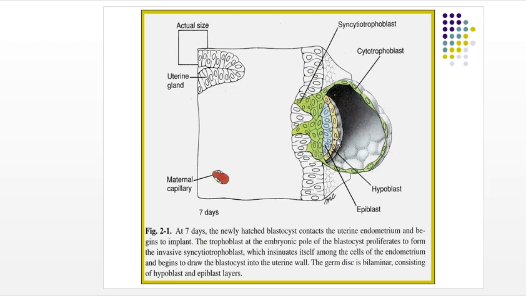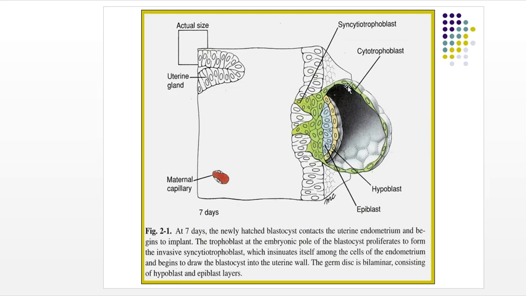The yellow layer is hypoblast, which is a cuboid layer, and epiblast is a columnar layer. The blue color here is epiblast, the yellow color is hypoblast. And at this time the outer cell mass or trophoblast makes two layers.